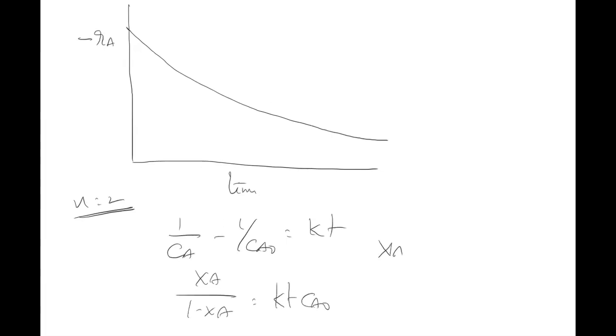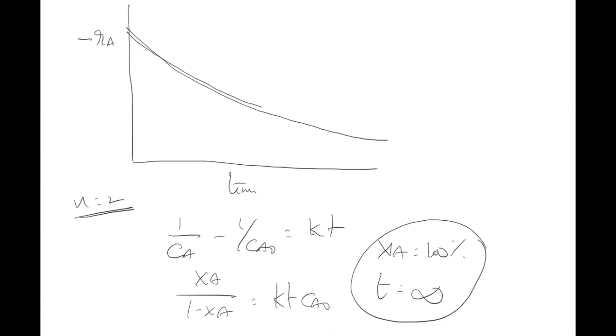If I target 100% conversion, what is the time required? Infinity, because the rate becomes extremely slow. For the last molecules, the rate is almost negligible, so it takes infinite time to convert.